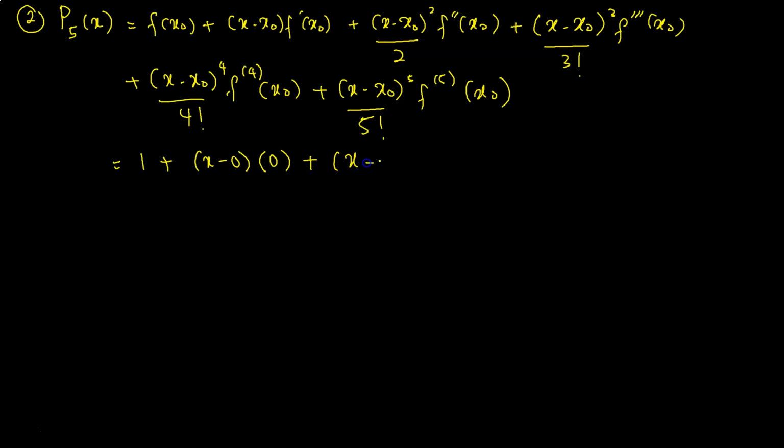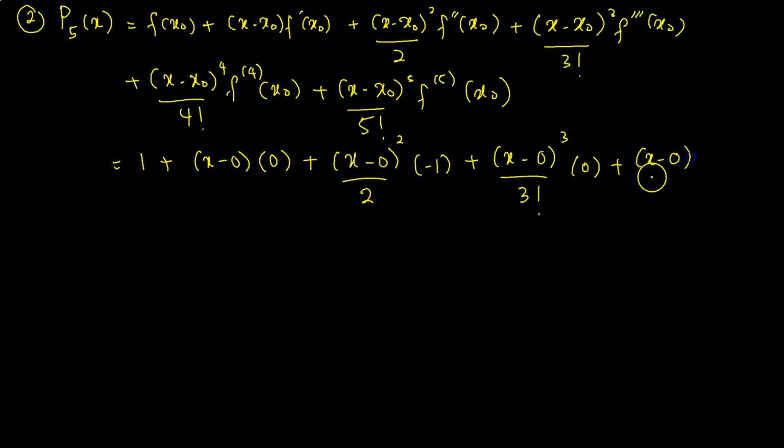Then plus (x minus 0) to the power of 2 divided by 2, f double prime 0, which is y double prime 0, given by negative 1. Then plus (x minus 0) to the power of 3 divided by 3 factorial, f triple prime 0, which is 0. Then plus (x minus 0) to the power of 4 divided by 4 factorial, times the fourth derivative at x naught equal to 0, which is 1.